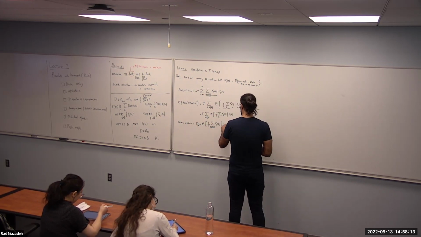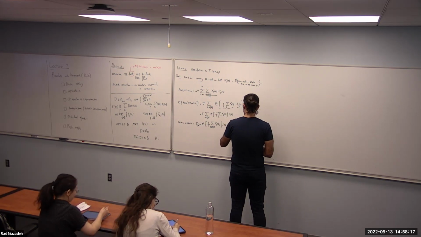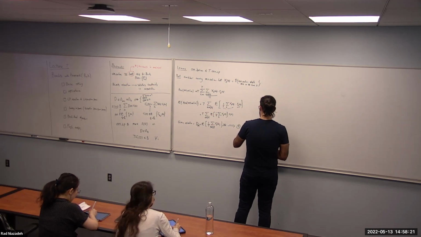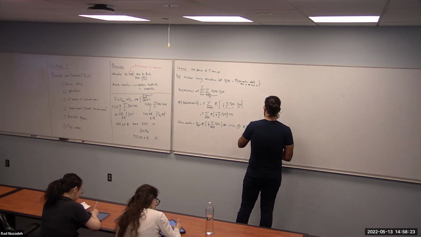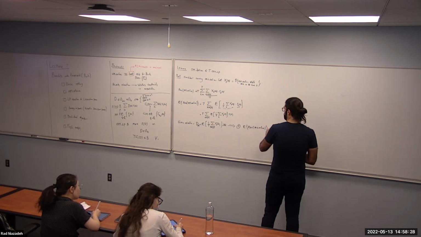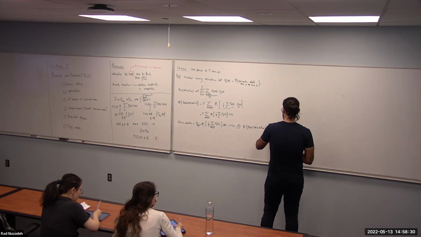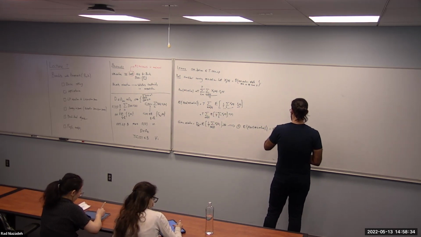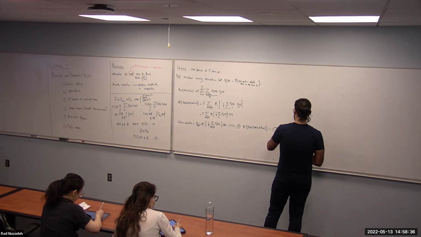And I claim that, first, the expected reward of the optimal line, as we saw up there, is equal to T times the summation over all the arms D(a) times r(a).